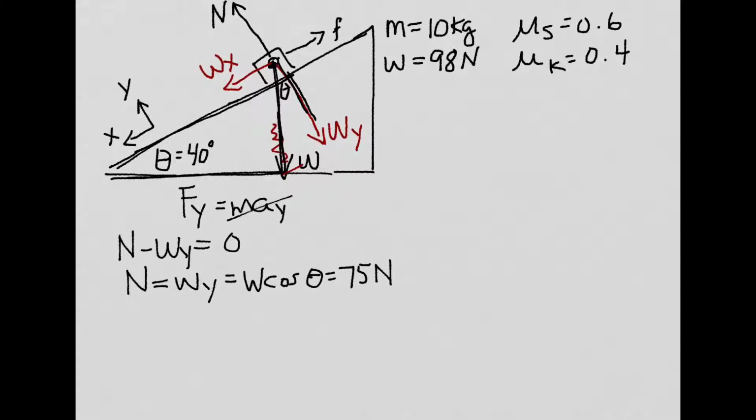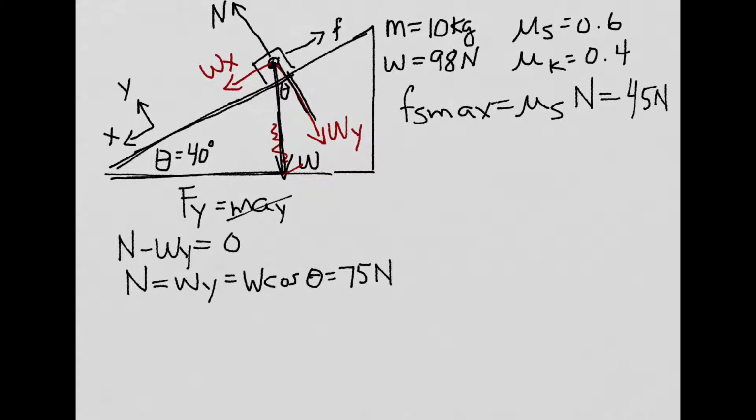This allows us then to figure out how big the frictional forces are. So Fs max, the max available force, equals mu s times N. And that's 0.6 times 75 newtons, which is 45 newtons.